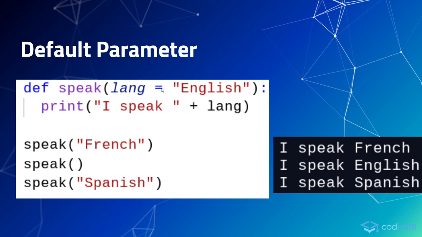Our lang variable gets the value English. And it will print "I speak" and the value of the lang variable, which was English, so I speak English. The last case, which is similar to our first case, speak Spanish. Lang is being assigned the value of Spanish, and we print I speak Spanish.